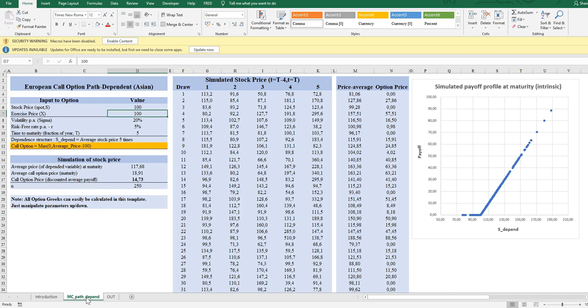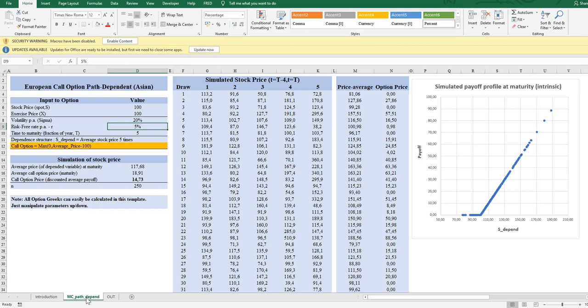We can just simulate on the last date. Here we simulate on all dates, and we simulate an underlying stock in a geometric Brownian motion with a volatility of 20% of the stock return per year, and with a drift of 5%.